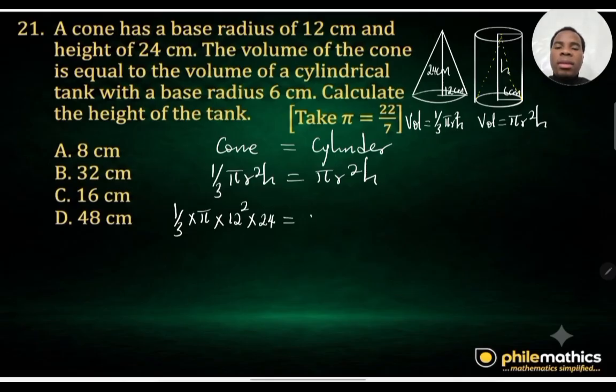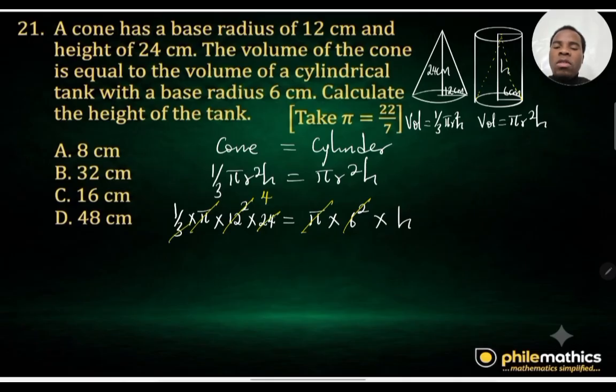We get pi times radius of the cylinder, 6 square, times the height we are looking for. The pi can cancel. 6 square is 36 into 12 square is simply 4, because 6 into 12 is 2 and 2 square is 4. So this is 4.